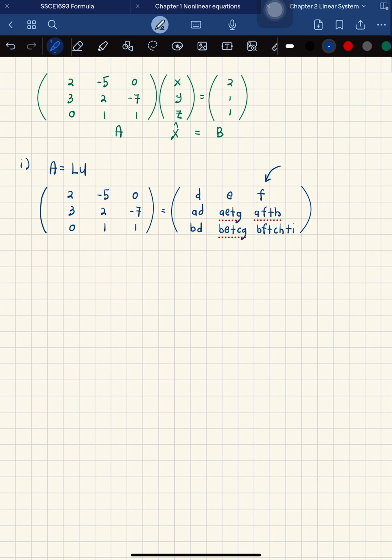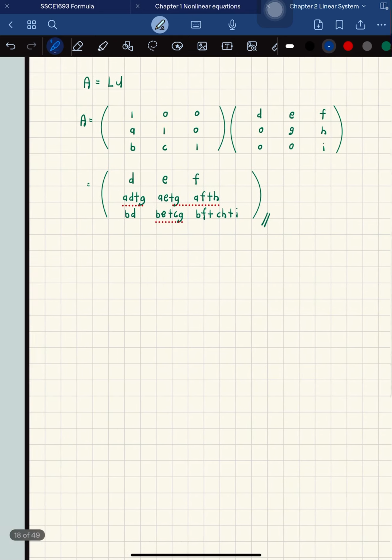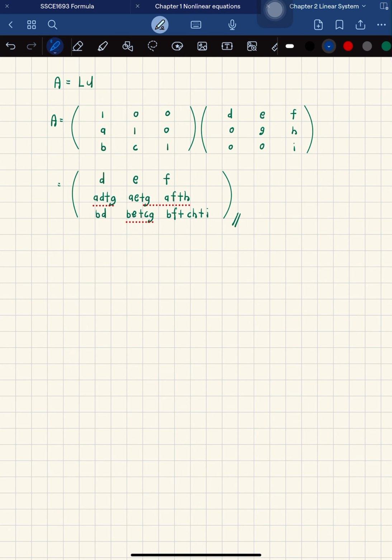But if you want to memorize, it's not a problem. After this, there are a lot of formulas that you need to memorize. So for the Doolittle method, you don't have to memorize LU; just multiply between L and U. But if you want to memorize this formula, it's not a problem.